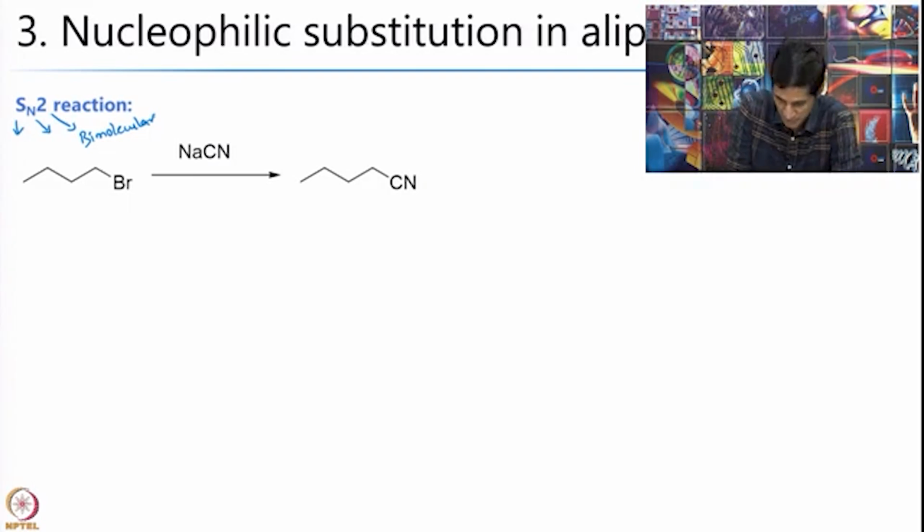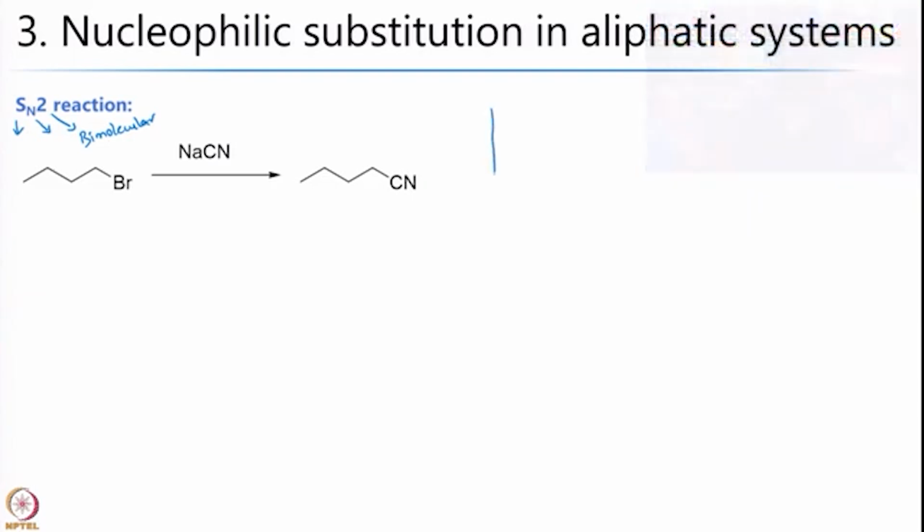So, what I mean by that is the following, that is, if I draw rate of this reaction which is shown on the left hand side versus the concentration of the bromide, you do see a linear increase when you go from 1 to 2 to 3 concentration. It could be in millimolar or any units.